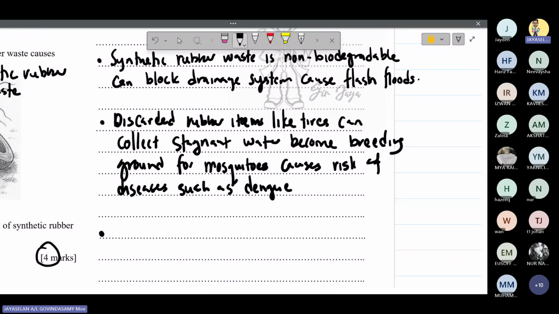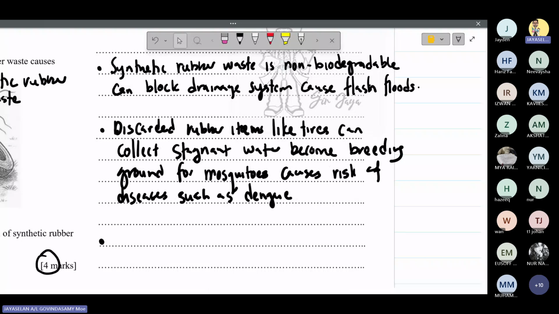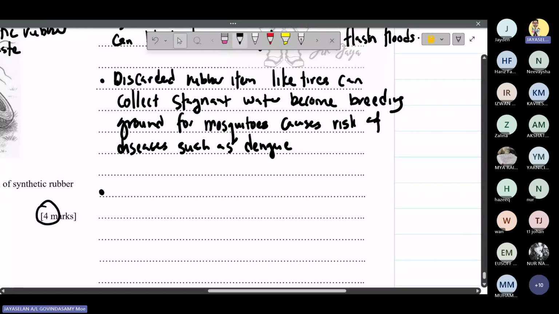So synthetic rubber waste is non-biodegradable, can block the drainage system, can cause flash flood. The discarded rubber items, such as tire, all that can cause breeding ground for the mosquito and increase the risk of diseases such as dengue.